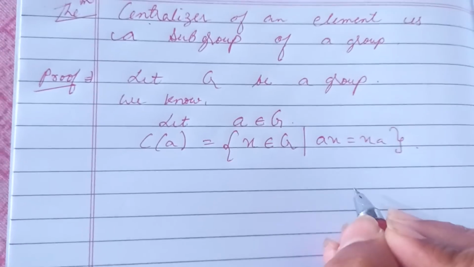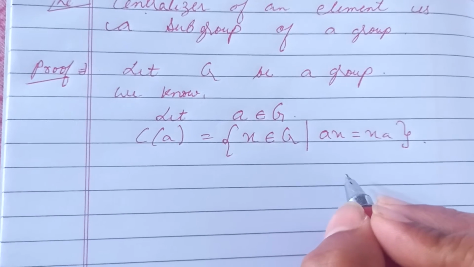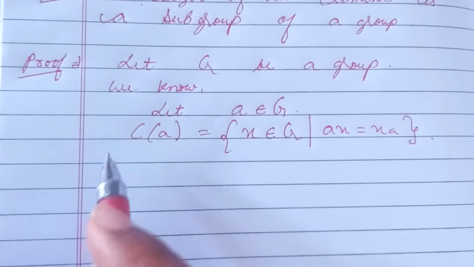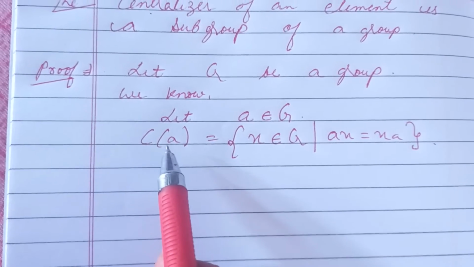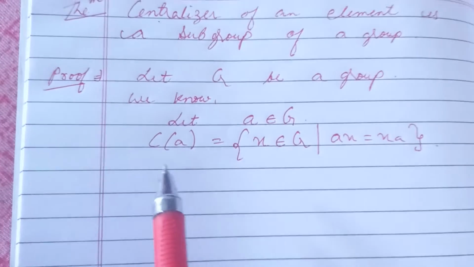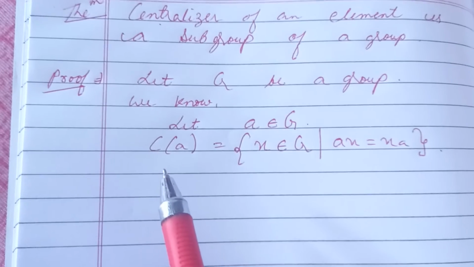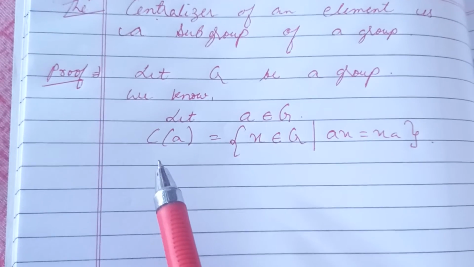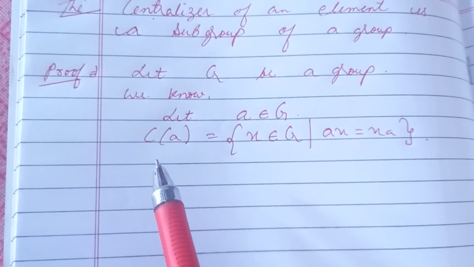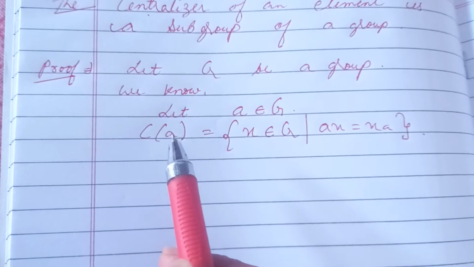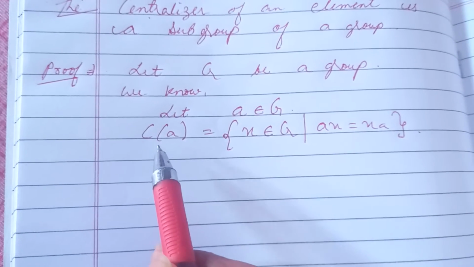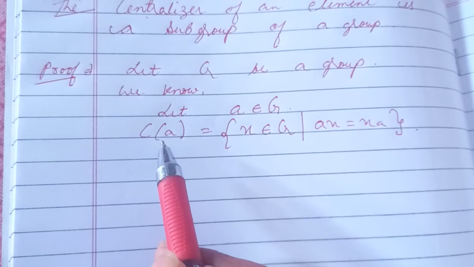Now first we have to prove that the centralizer of an element is non-empty. Since in a group we know that there exists an identity element such that if you multiply it with the element A, it is always commutative.